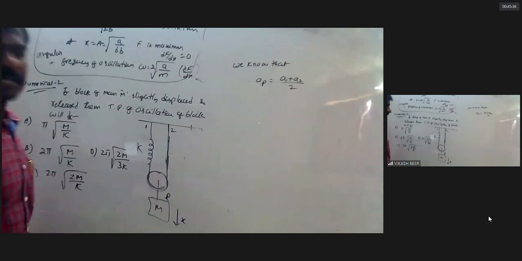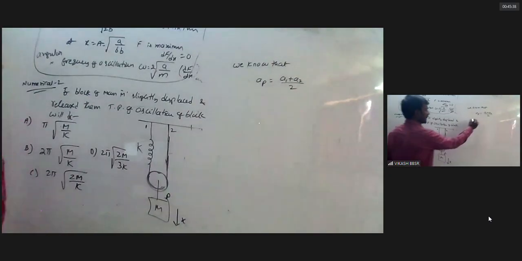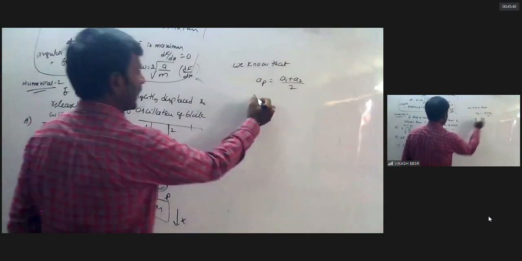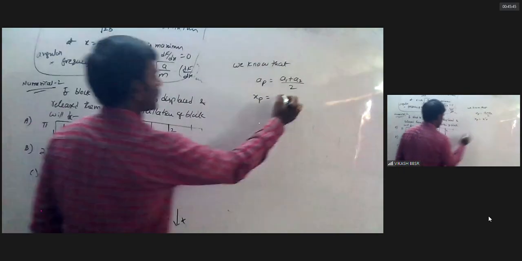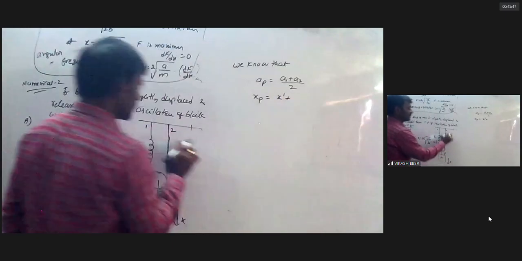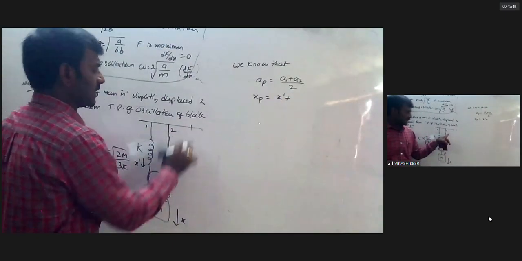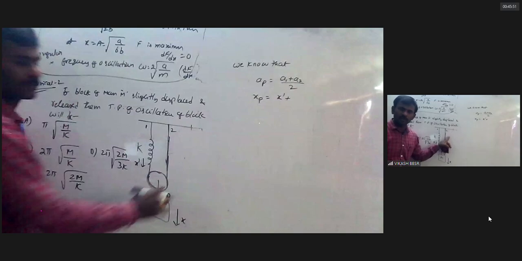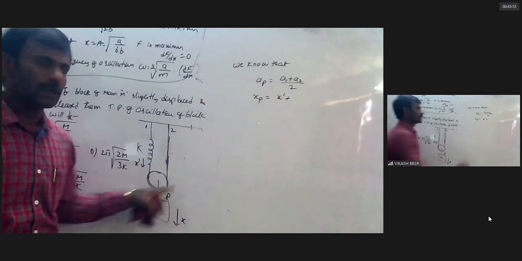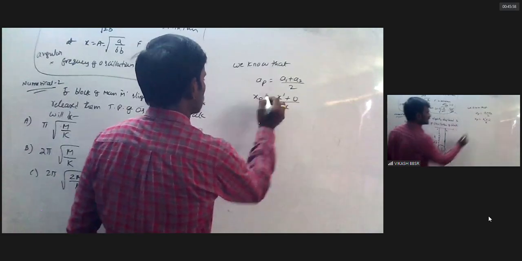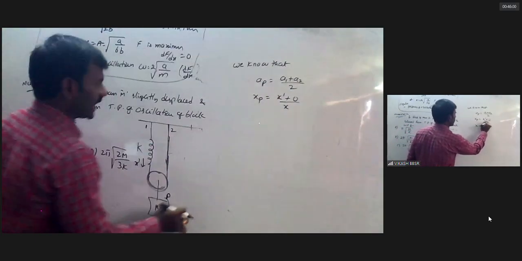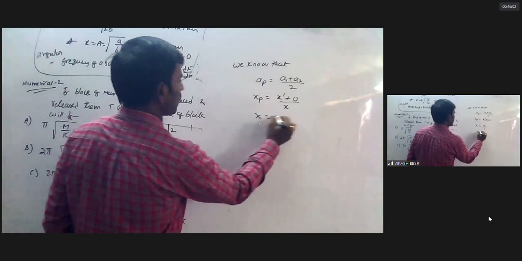We proved it already. Let the elongation of the spring be x dash. Is there any elongation in path 2? No, so 0 by 2. So if the block moves by x, x equals x dash by 2.